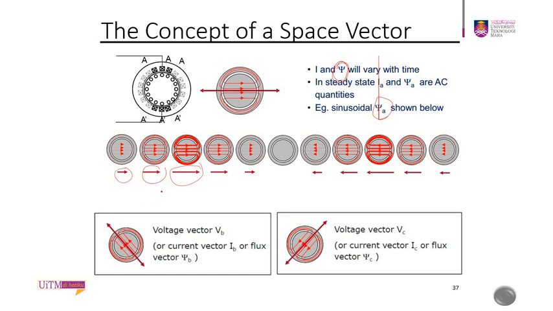So it's a sinusoidal condition here. So this is during negative. And you also have the same case for B and C. So it's three phase. You have phase A, phase B, and phase C.